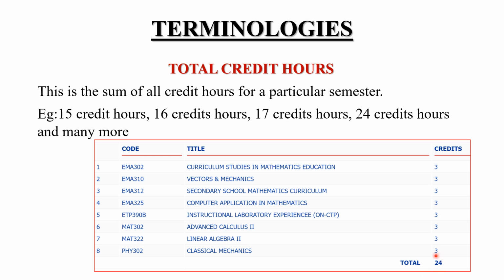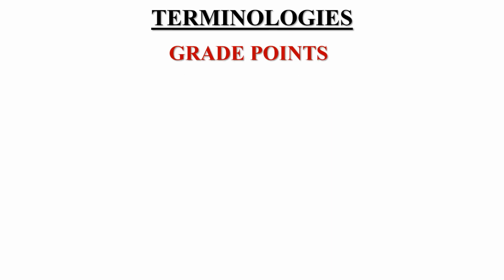That is what we mean by total credit hours. Each course has credit hours, so we are just going to sum all the credit hours for the respective courses, and that will give us the total credit hours.